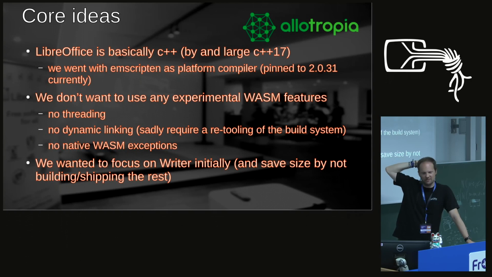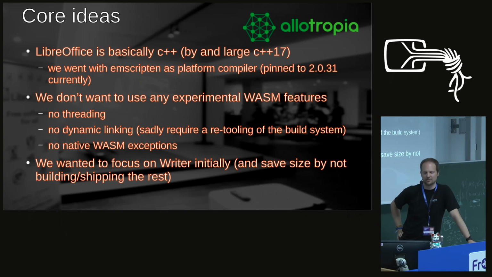And we really don't want to use anything that's experimental. That's not something we said in the beginning, but we learned it the hard way. So that platform has lots of things moving, and really, don't use anything experimental. It's going to be painful. So no threading if possible, no dynamic linking, no native WASM exceptions, just the emulated C++ exceptions.